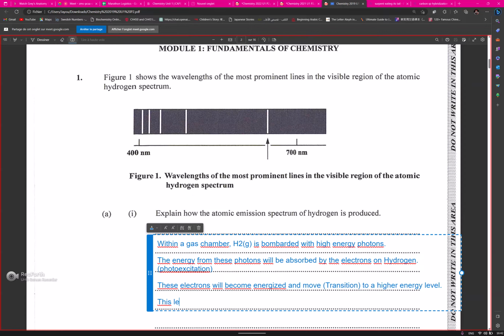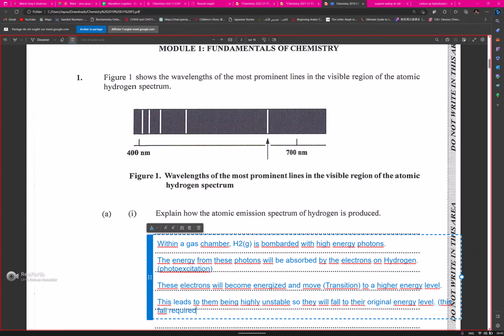This leads to them being highly unstable, so they will fall to their original energy level.